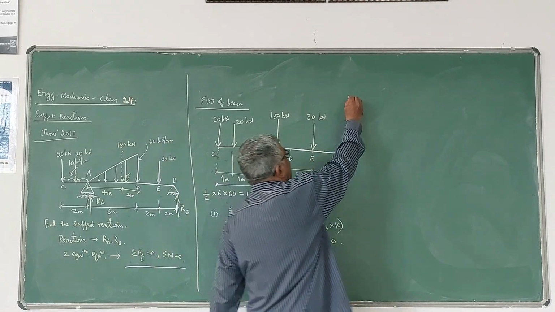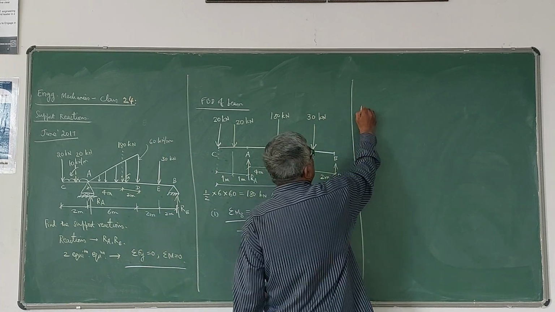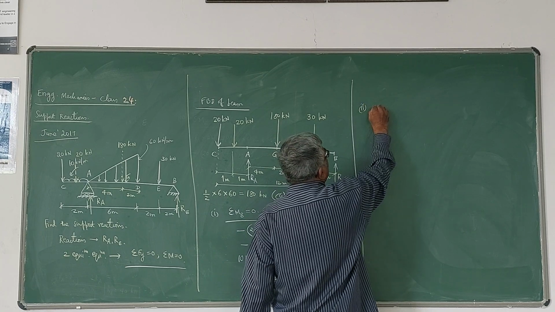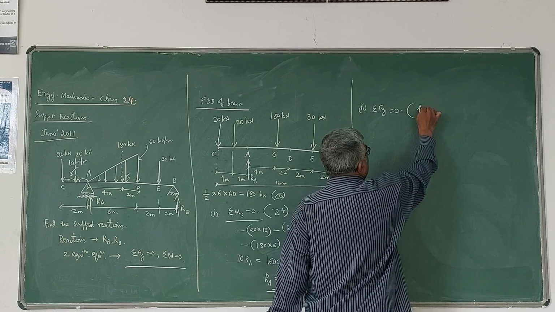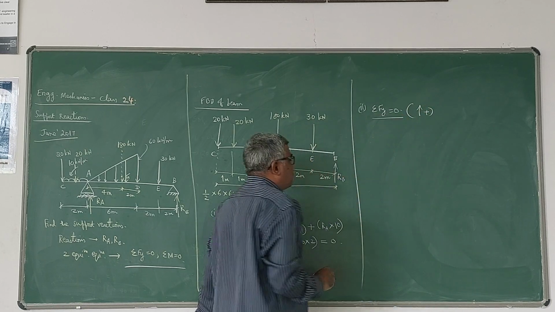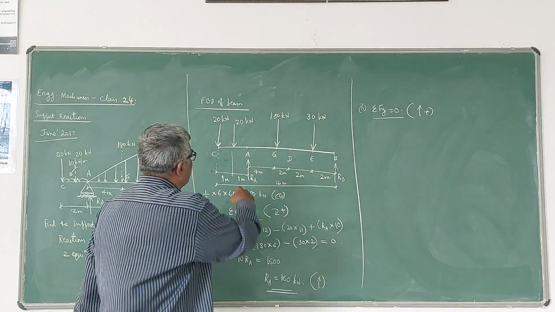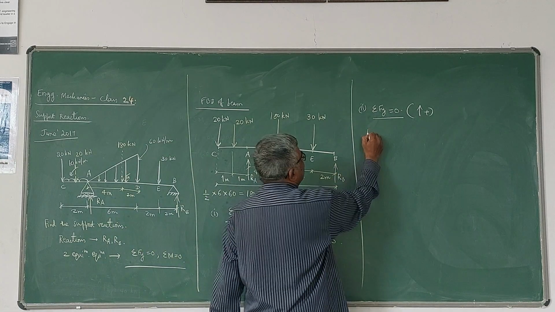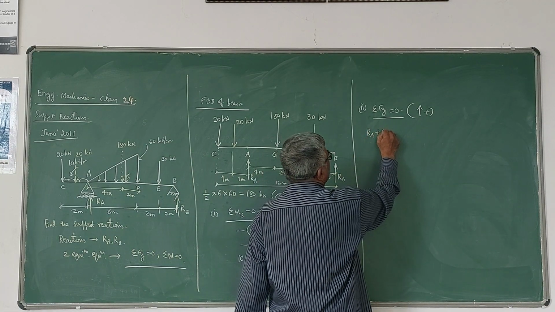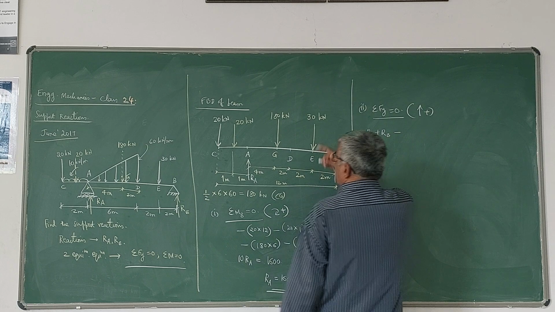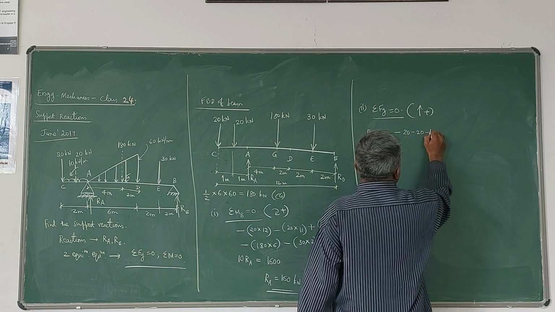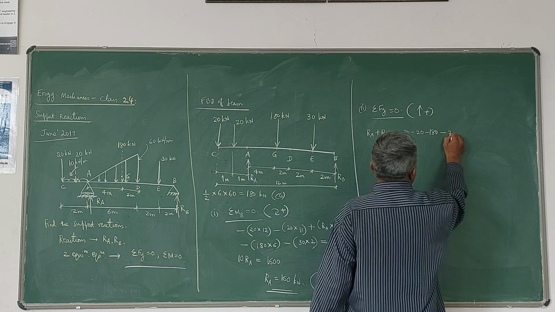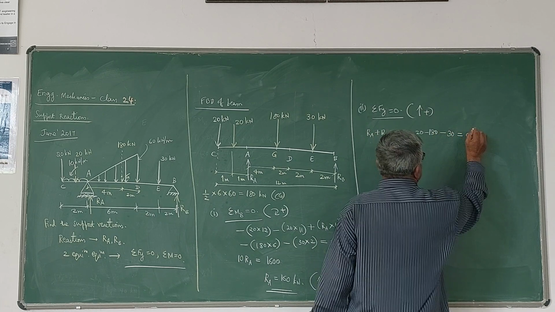Now, using the second equation, you can find out the other reaction. Sigma Fy is equal to 0, upward positive, downward negative for the vertical forces. So upward forces are RA and RB. So RA plus RB, others are negative. Downward forces: minus 20, minus 180, minus 30 is equal to 0.